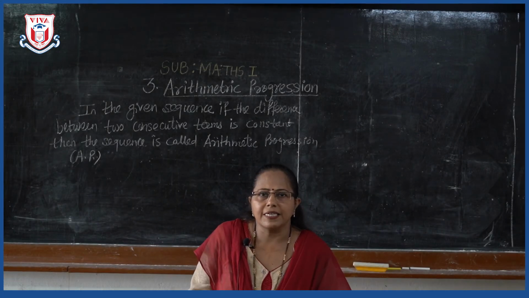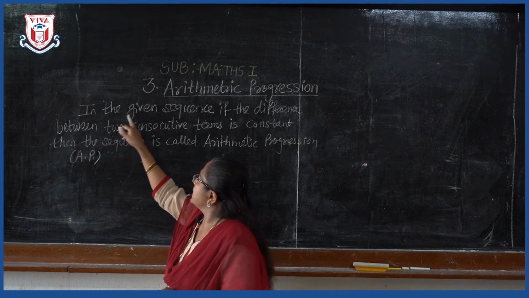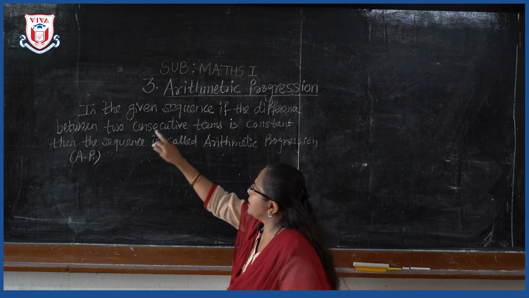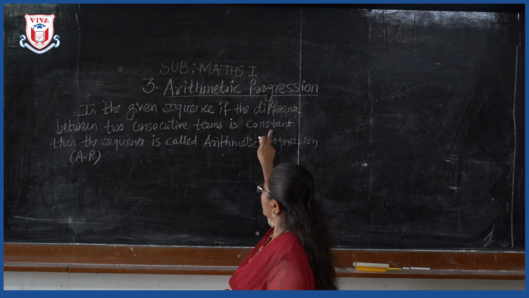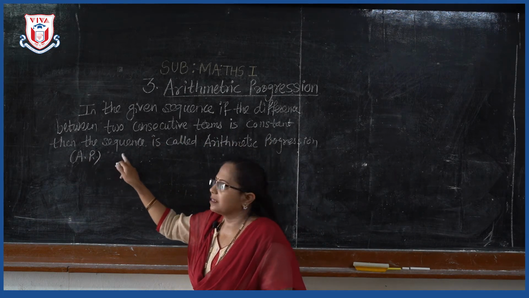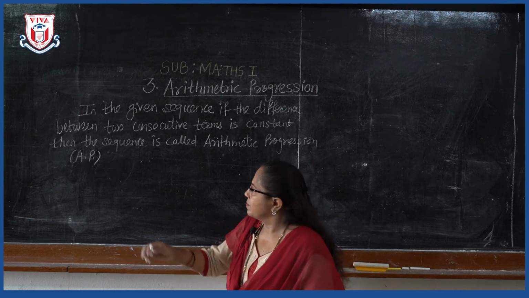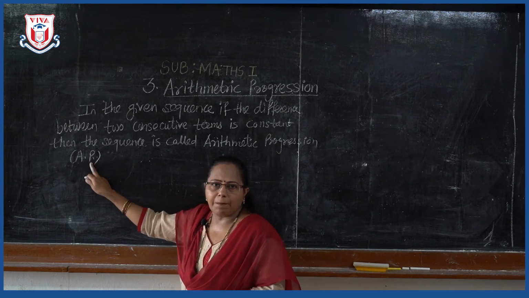So students, let us see the definition of arithmetic progression. In the given sequence, if the difference between two consecutive terms is constant, then the sequence is called arithmetic progression. And arithmetic progression in short is also written as AP.